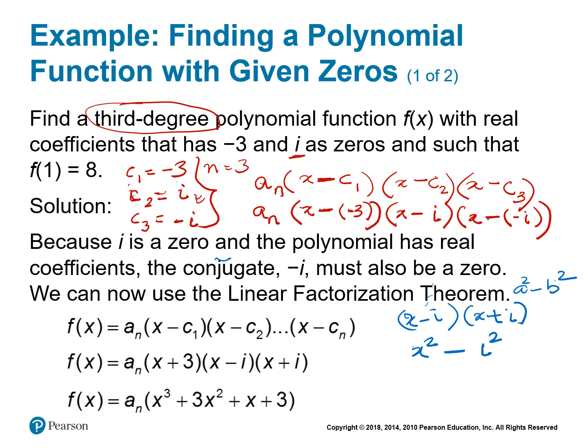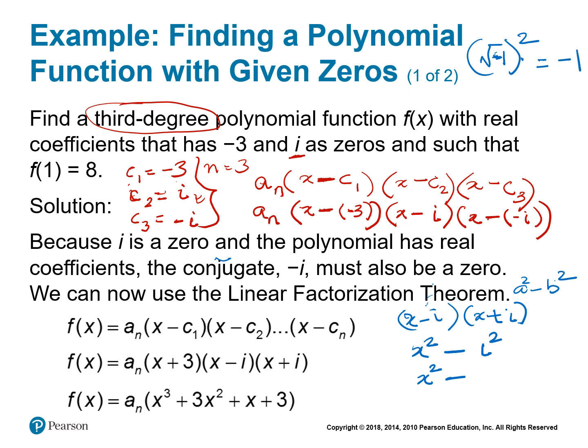So we know x squared stays as x squared, then minus i squared is a real number, right? What does i squared mean? i is square root of negative 1. When you square that, the square root of negative 1 squared is going to be negative 1.